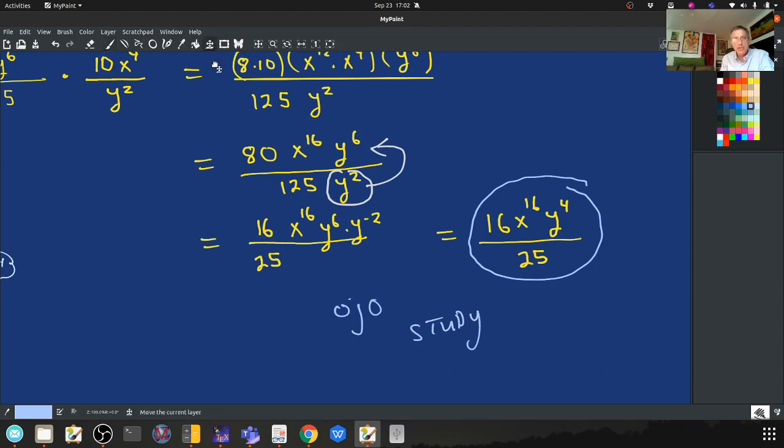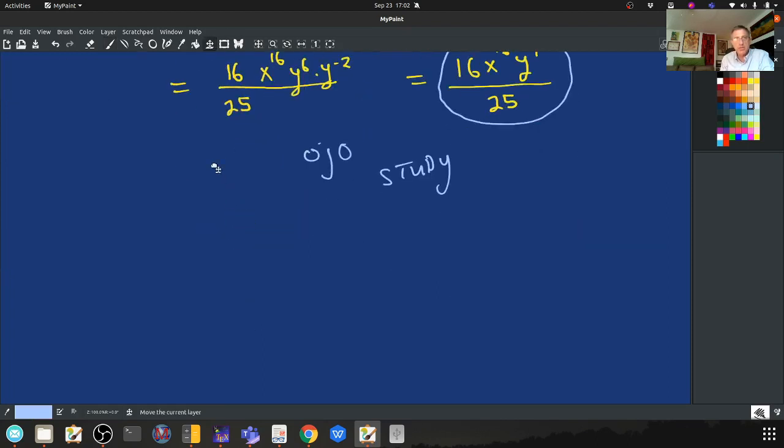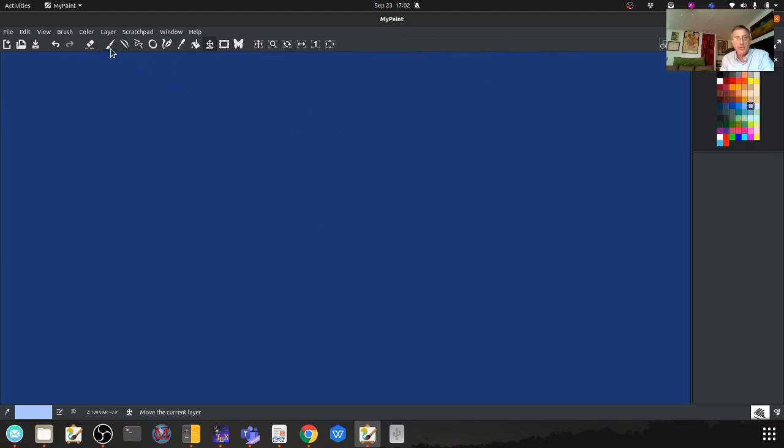I'm going to take just a really short break here, not an actual break from talking. I want to explain why when we say x to the second power, we often say x squared. And I may have showed you this before.